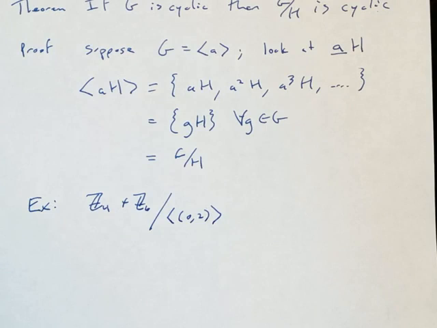So let's suppose that I wanted to look at what was going on here. This is not necessarily cyclic, because Z4 times Z6, why do I know that's not necessarily cyclic? 24 elements in it, and that's not prime. But if there were 6 elements, it would be cyclic, and 6 isn't prime.